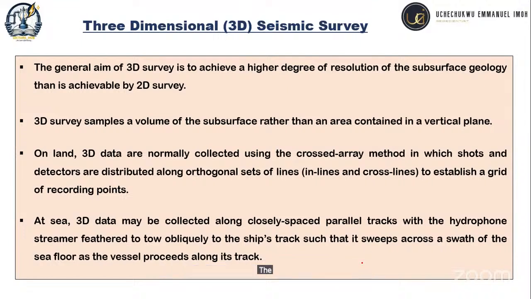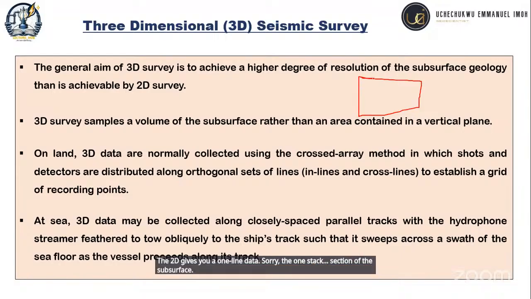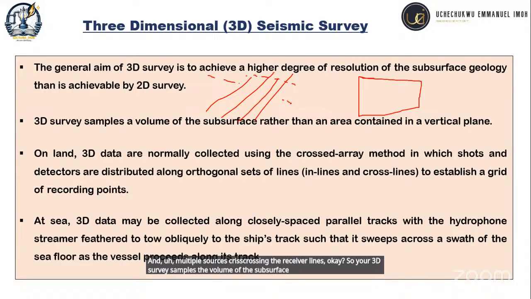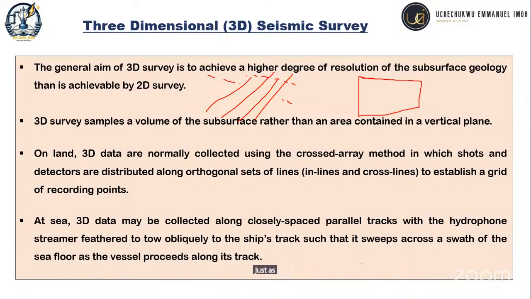The 2D gives you one stack section of the subsurface, but your 3D gives you multiple stack sections, because you have multiple receiver lines and multiple sources crisscrossing the receiver lines. So your 3D survey samples the volume of the subsurface. It's like having the whole loaf of bread, just as I used for illustration before.